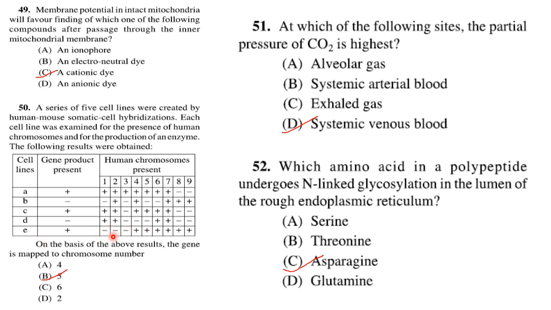E is producing in 4, 5, 6, 7, 8, 9. Now if you see this pattern, that is plus, minus, plus, minus, plus, that is seen in chromosome 5 also. Plus, minus, plus, minus, plus. So the answer here is option B, that is 5.